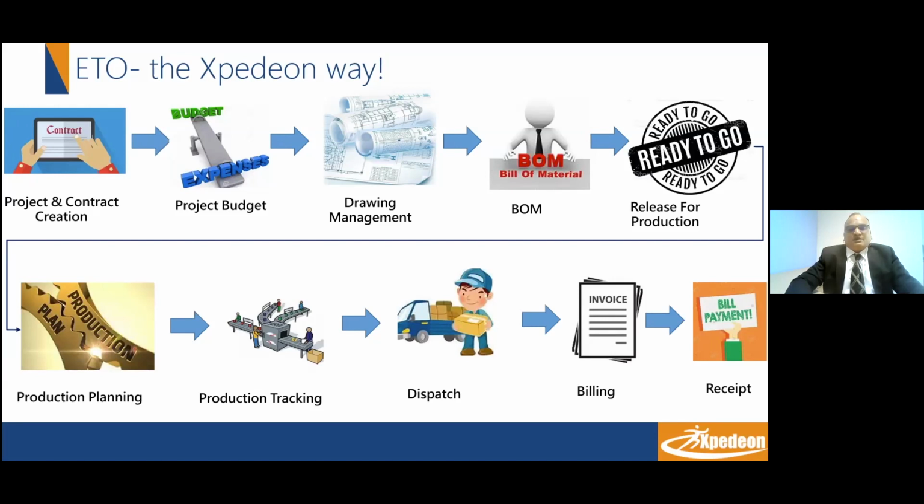The integrated process of procurement, inventory, accounting and finance, and HR payroll go in this line to ensure that the overall ETO process is managed more efficiently. We will look into each of these stages in detail in the subsequent slides.